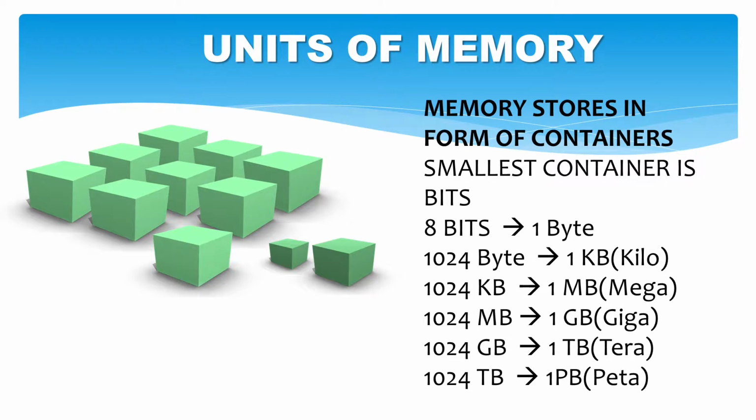It means that bits will be the smallest unit of memory, and here I've written that 8 bits equals 1 byte, 1024 bytes equals 1 kilobyte, 1024 kilobytes equals 1 megabyte, and 1024 megabytes equals 1 gigabyte, and so on, gigabyte to terabyte and terabyte to petabyte. I've just listed these on the slides for your general knowledge, if you want to know about these things. So let's move ahead.